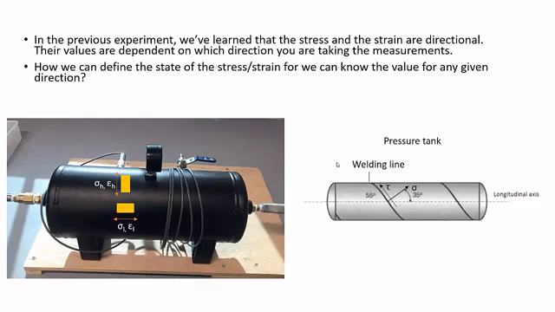has the maximum value. And it's very cumbersome to attach a number of strain gauge to measure all the possible directions we can. Okay, and sometimes we care about a certain orientation. For example, this pressure tank, which has a welding line in a diagonal direction, and the welding line usually has a lower strength, and that's the weakest point of the pressure tank.